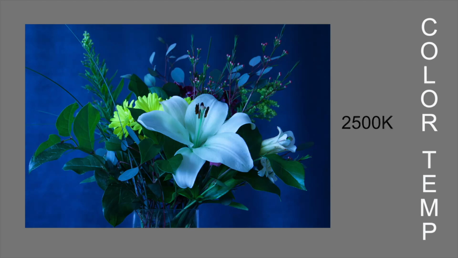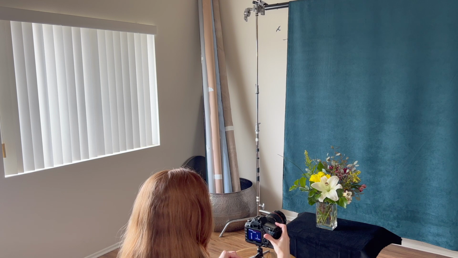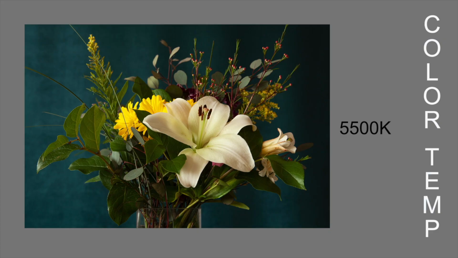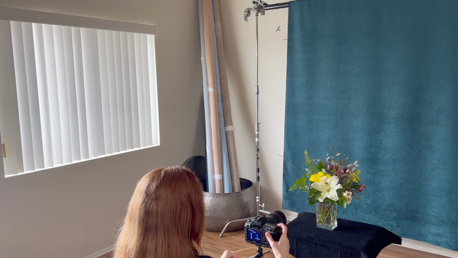Then we're going to go into the menu, and we're going to adjust it up to 5500. Make sure you hit this button. If you don't, it won't take. There's 5500. Nice and neutral. Then we're going to go up to 10,000, and you'll see this will get really warm.